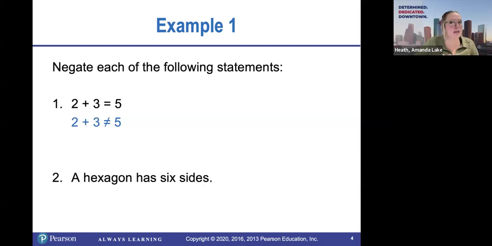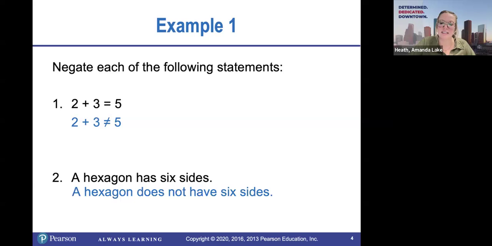So it equals anything else except for 5. And then a hexagon has 6 sides. Again, the negation of this statement would not be a hexagon has 7 sides or a hexagon has 0 sides. But a hexagon does not have 6 sides is how we would negate that statement.